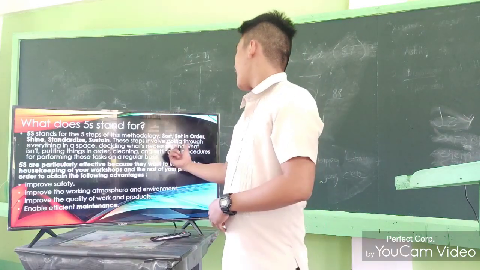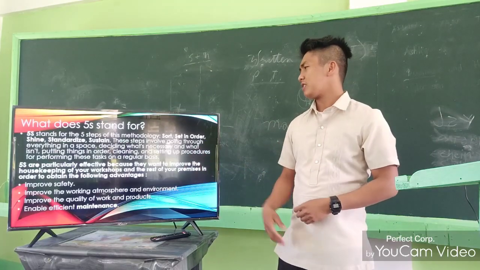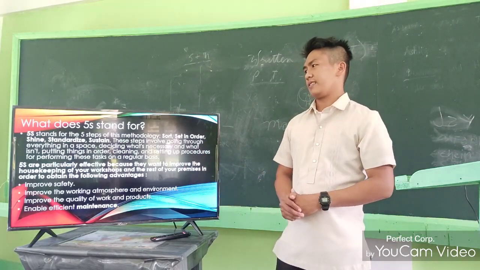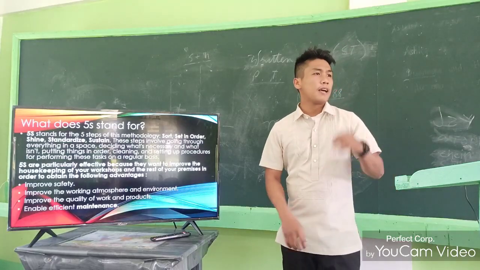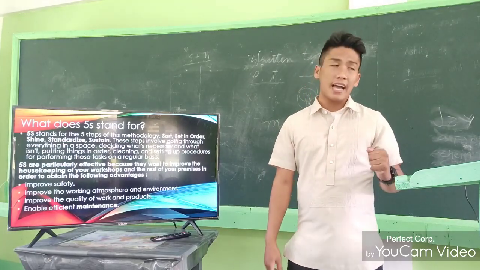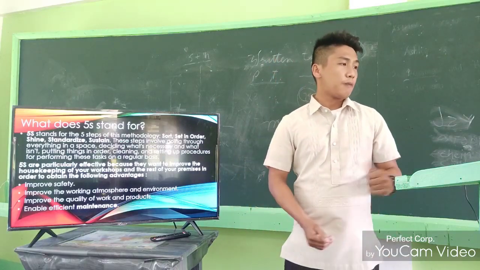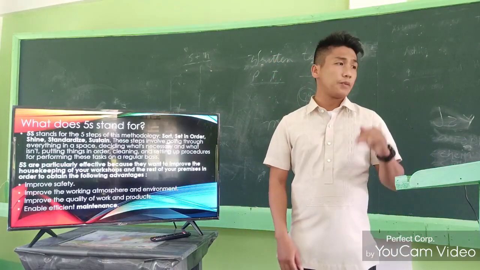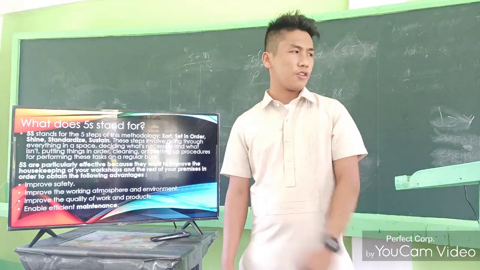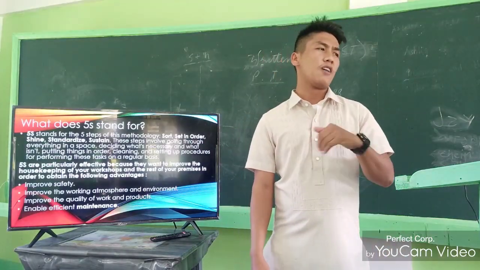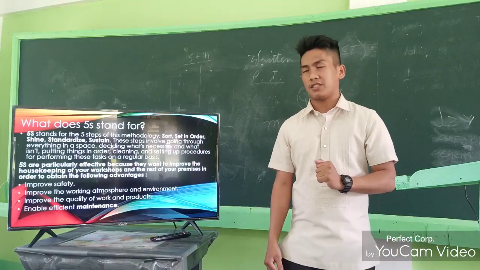These steps involve going through everything in the space, deciding what's necessary and what is not, putting things in order, cleaning and setting up procedures for performing tasks on a regular basis. 5S is particularly effective because it can improve the housekeeping in your workplace and the rest of your premises in order to obtain the following advantages.